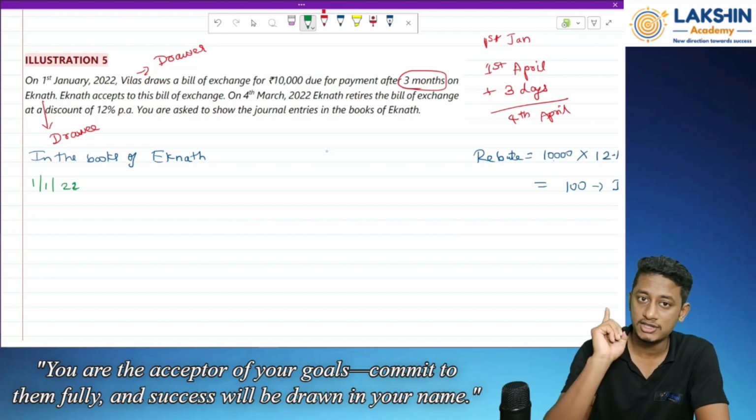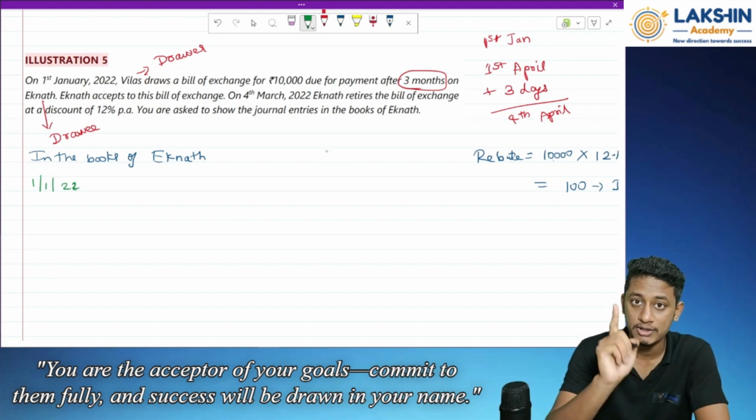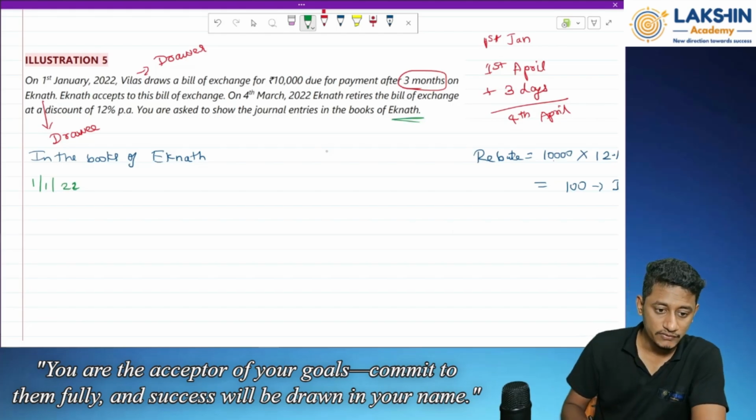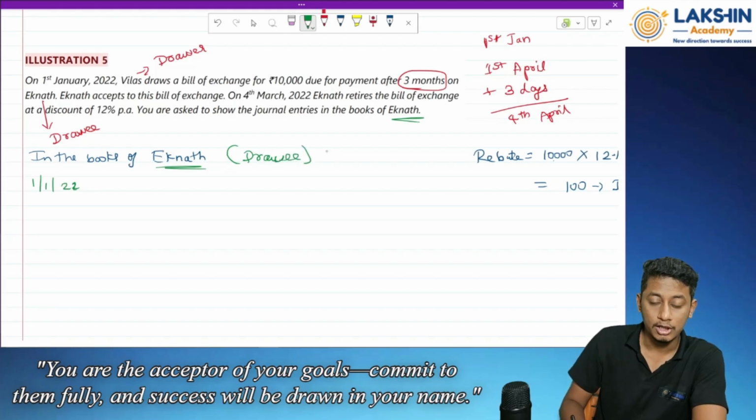They have directly shown us the bill creation entry, no sale entries, because the question does not mention anything about the sale entry. Who is Eknath? The drawee, the one who accepts the bill. So it will be a bills payable for him. So I am creating a new liability.